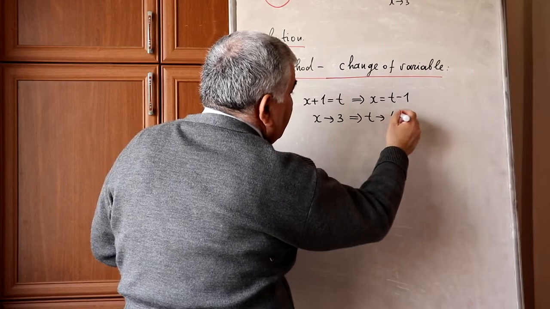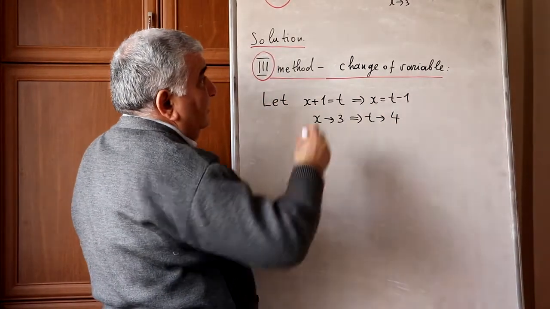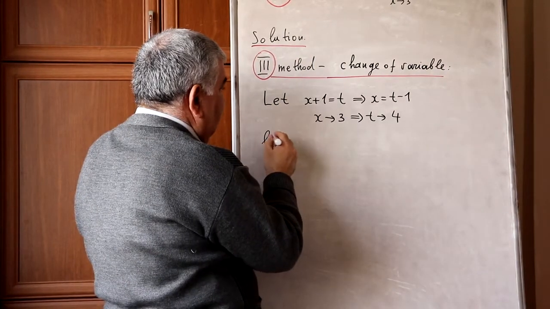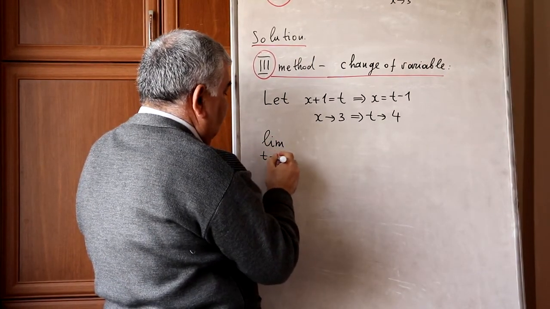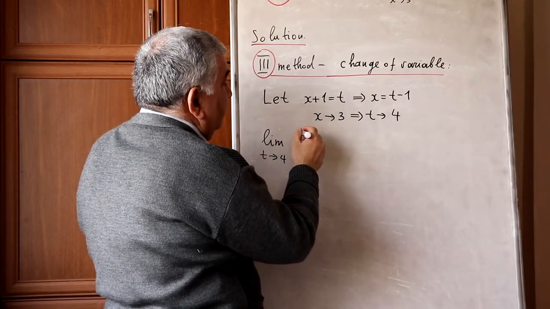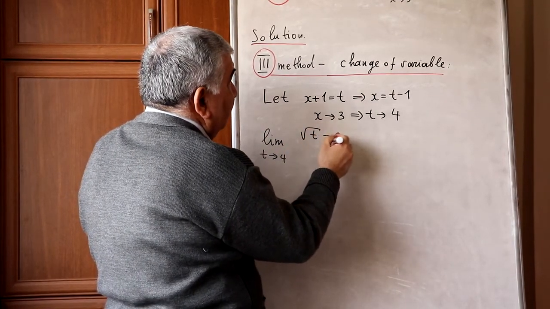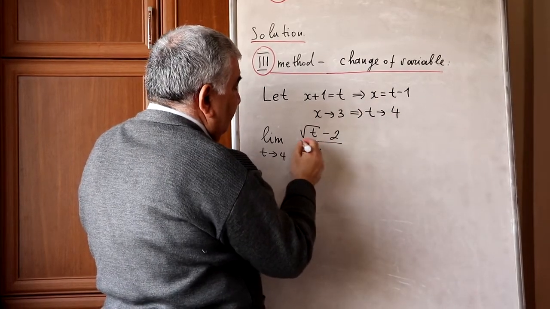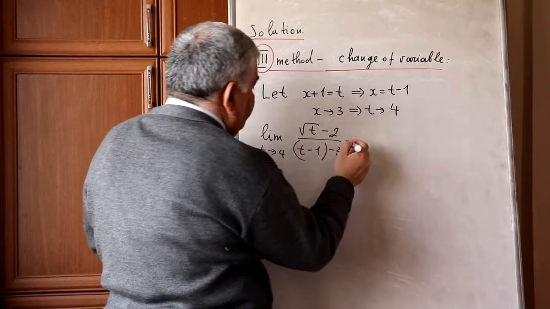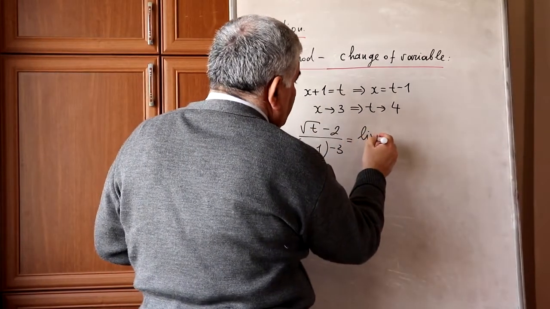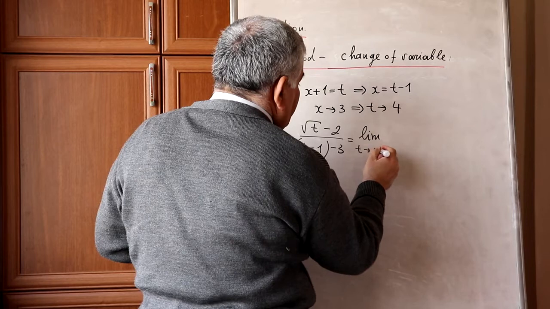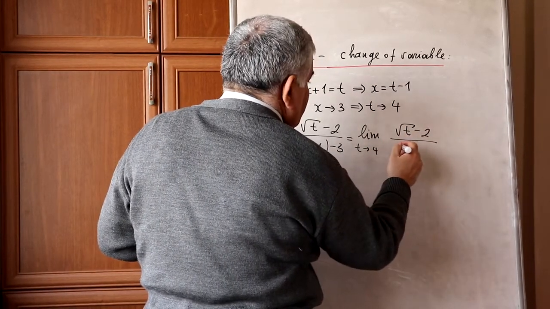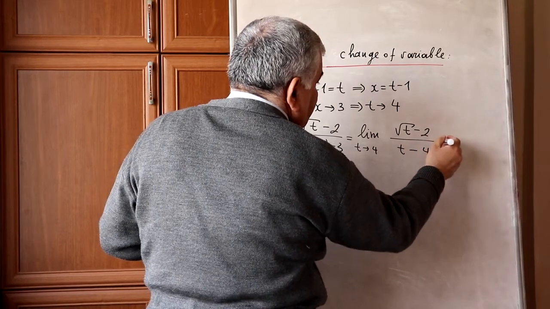Then change the variable in the limit: when t tends to 4, square root of t minus 2 divided by t minus 1 minus 3. Then the limit when t tends to 4 of square root of t minus 2 divided by t minus 4.